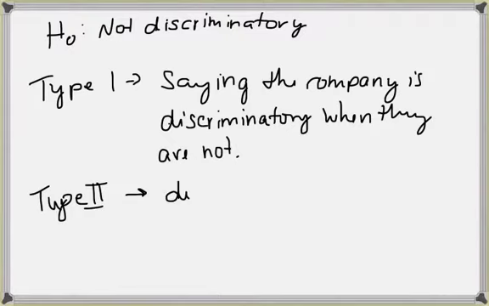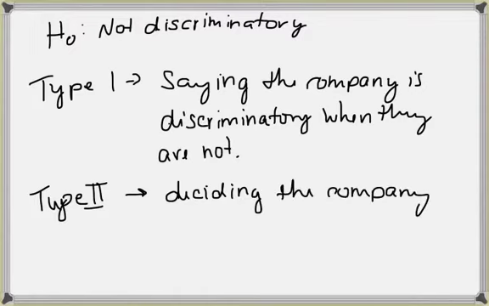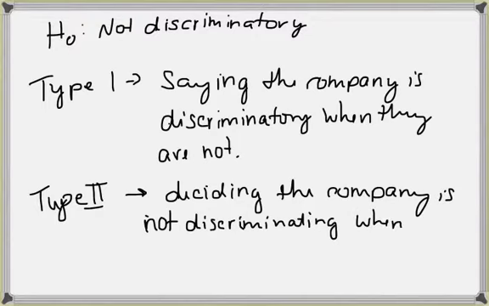So deciding the company is not discriminating when it is. Okay, so those are our type 1 and type 2 errors.